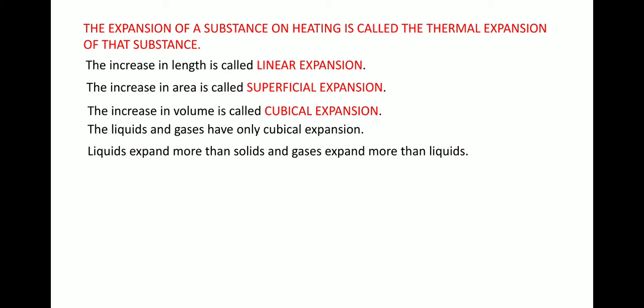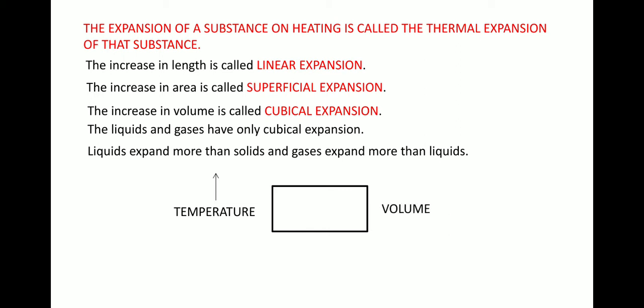If we take any object and try to increase its temperature, then its volume also increases, or it expands. Similarly, if we try to decrease the temperature, then its volume will also decrease.